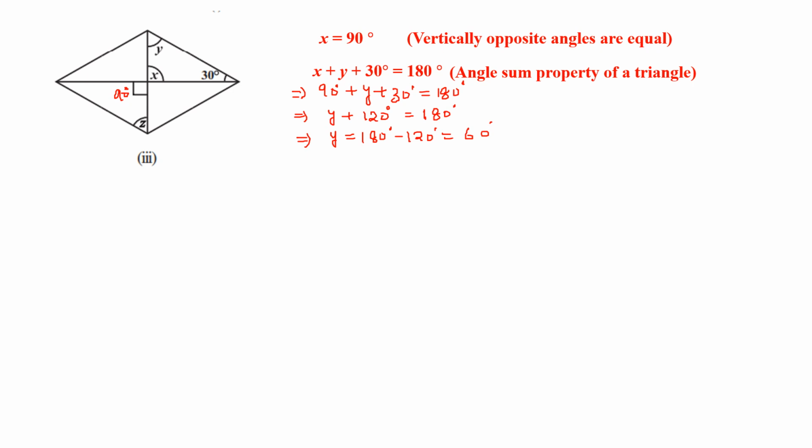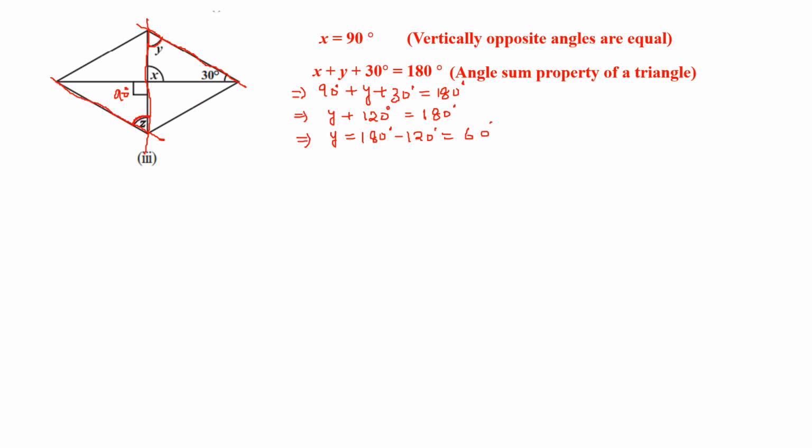So the value of x is 90, the value of y is 60 degree. Now if you see this figure again, this is a parallelogram. So it means the opposite sides will be parallel, isn't it? So if I take this side and this side as parallel, okay, and this is going to be my transversal, then y and z are forming which type of angle? Think about it.